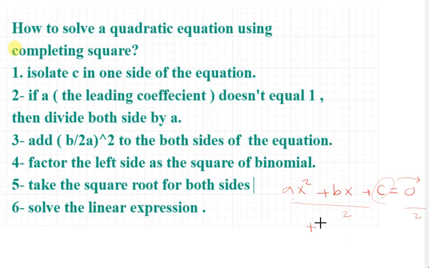We will add the term (b over 2a) squared to both sides of the equation in order to complete the square. When we complete the square, we will get a factor as the square of a binomial. We will take the square root of both sides, then solve the linear expression left.